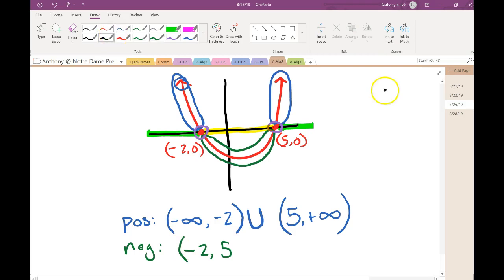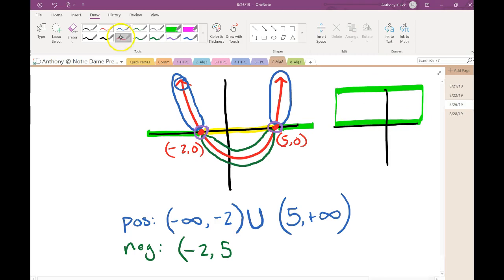So again, if you're not sure, this is our positive part. Let me color code it the same way as there. This part is the negative part. And this part, oh, that did not pick a different color here, is the 0 part.